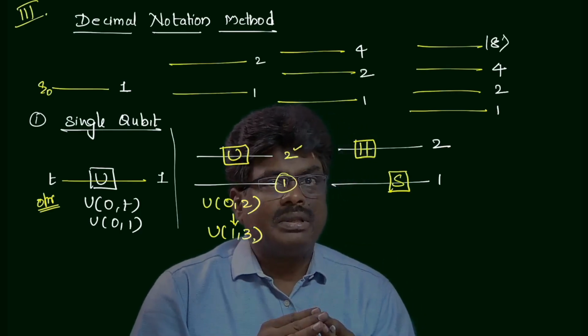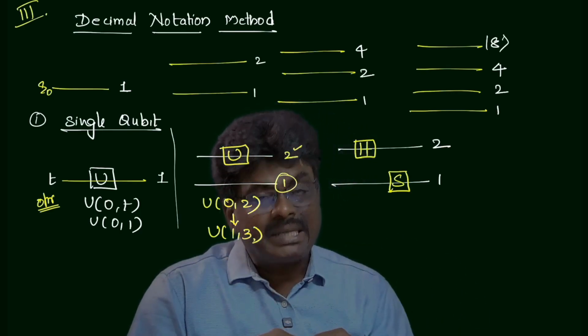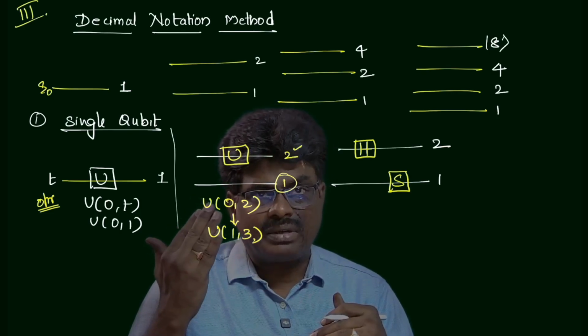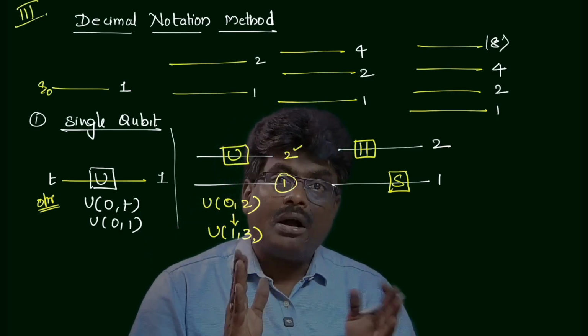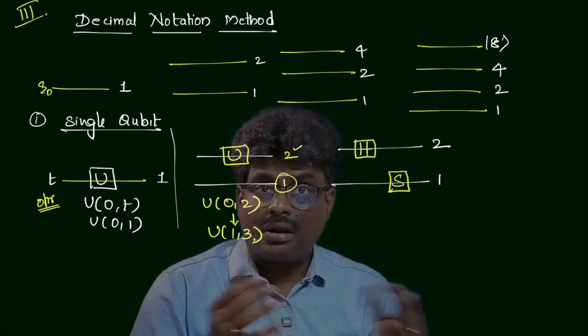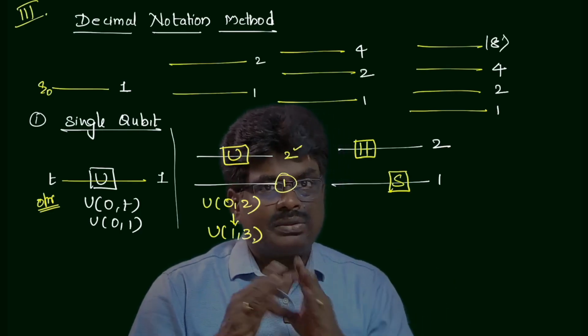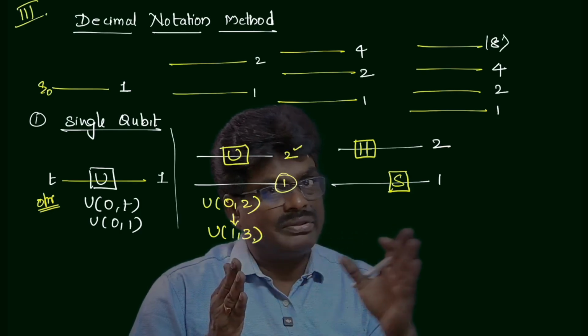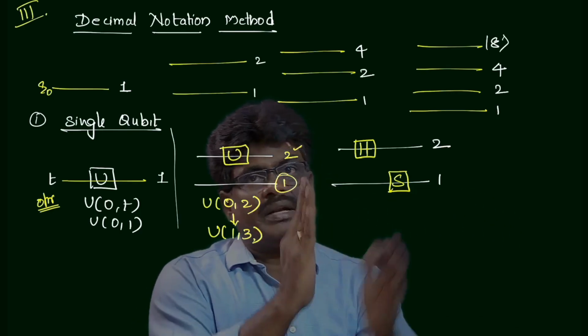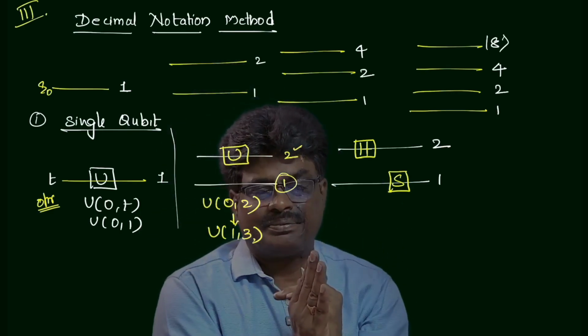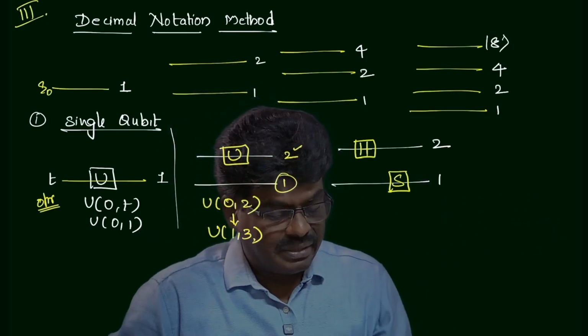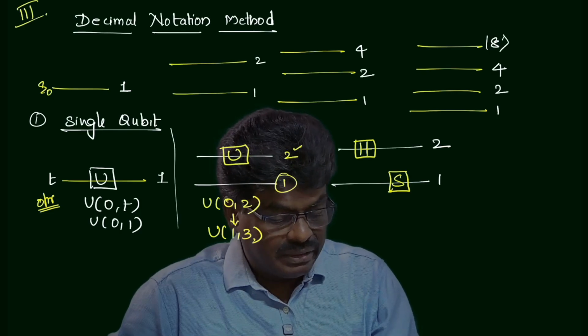It's not a problem. But whenever you are making the tensor product, you have to always come from top to bottom. But remember, we are doing operations, not matrix multiplications. That's why operations are from left to right, because the left side operator will operate on the initial state. We are trying to find the final state.